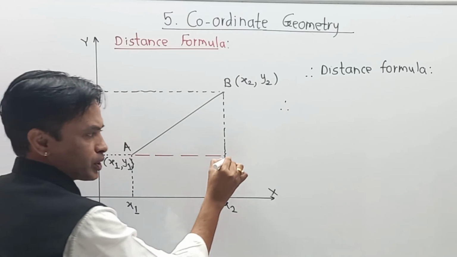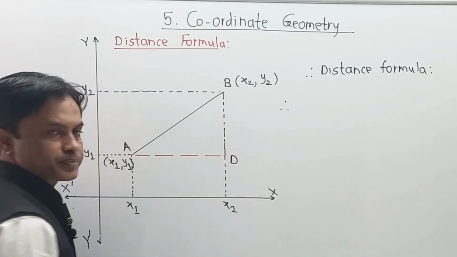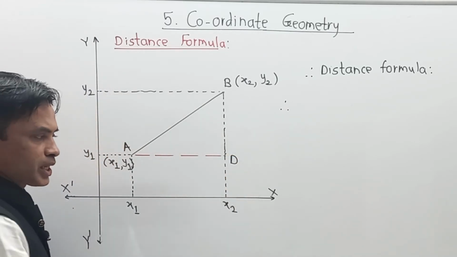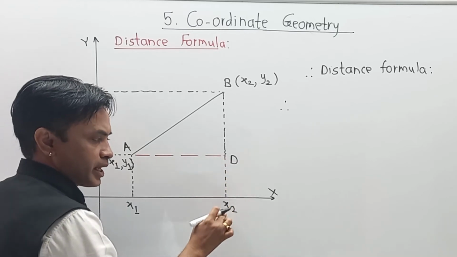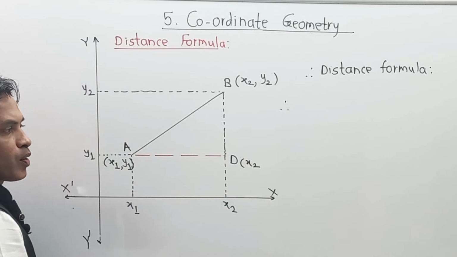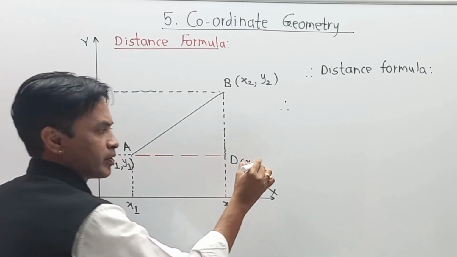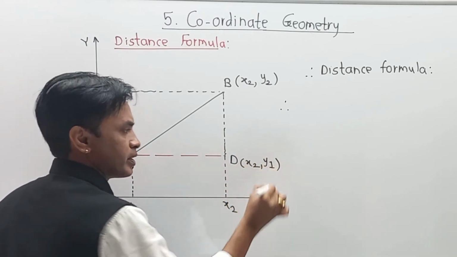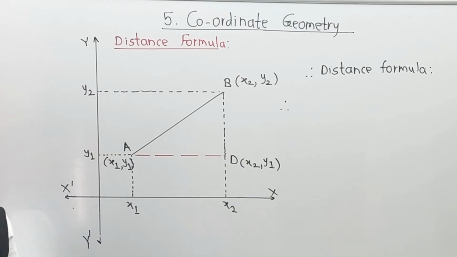Let us say, as per the book, this point is D. Now what is the speciality? The x coordinate of D is x2 and the y coordinate is y1. Remember it very carefully. We are interested in formulating the distance formula.